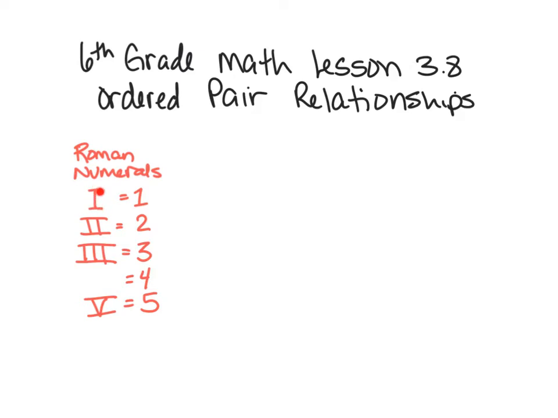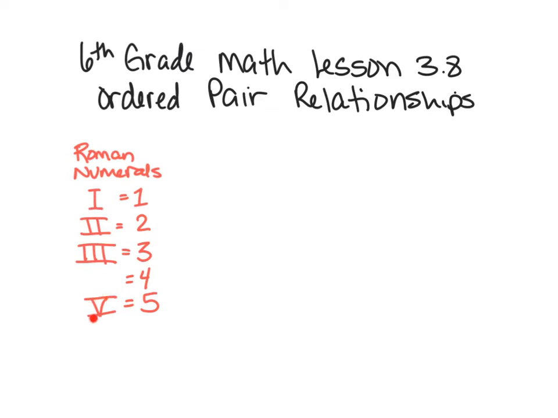One I represents the number 1. 2 I's represents the number 2. Easy so far, right? 3 I's represents the number 3, because there's 3 I's there. I skipped 4, we'll come back to it. The letter V represents 5. We're always trying to avoid having to do more than 3 I's.